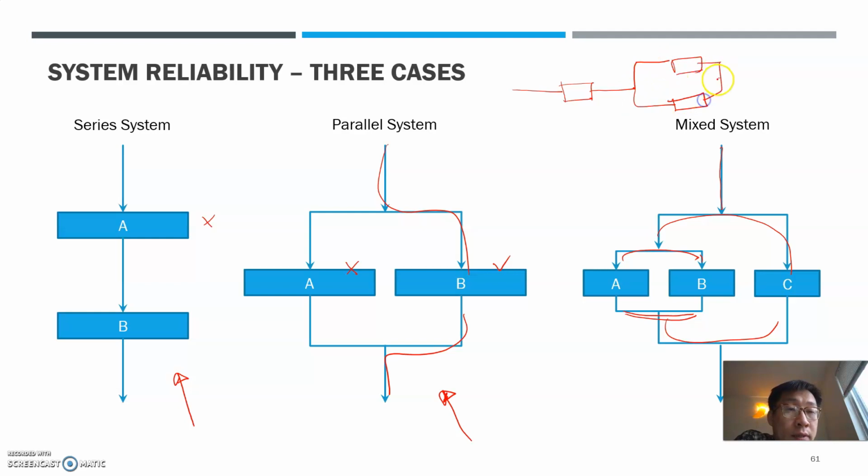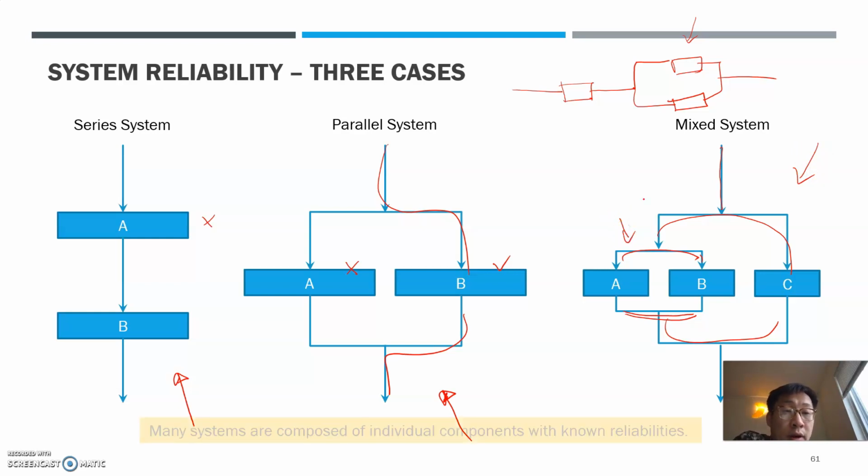So you can have this kind of system. Overall, this is a parallel. Overall, this is going to be a series, but in one section of the system, it is redundant. Okay, whereas here, the overall uses a parallel system, and a particular section is also using a parallel system.